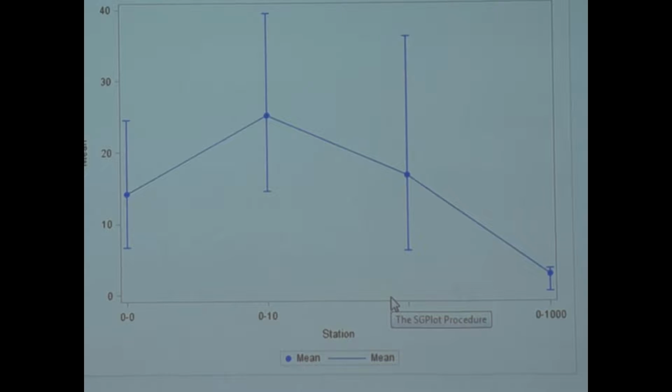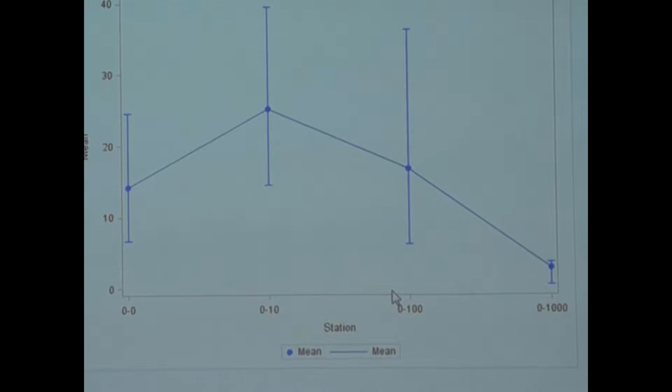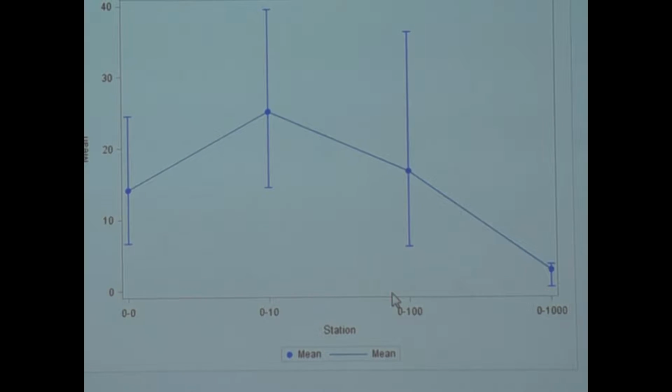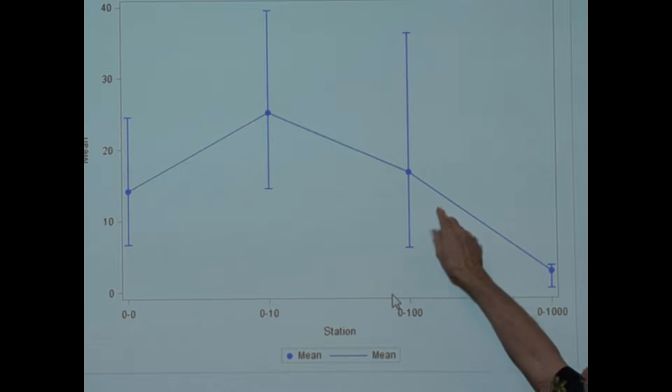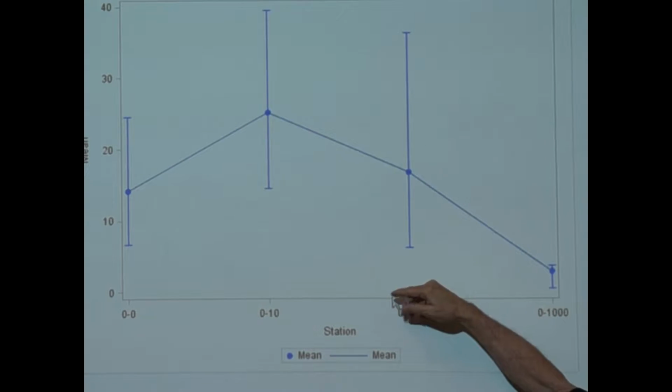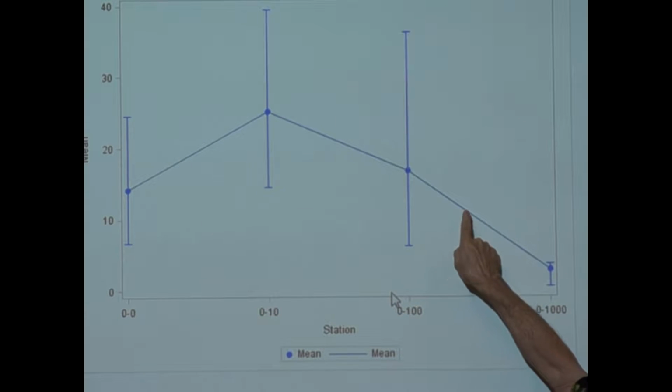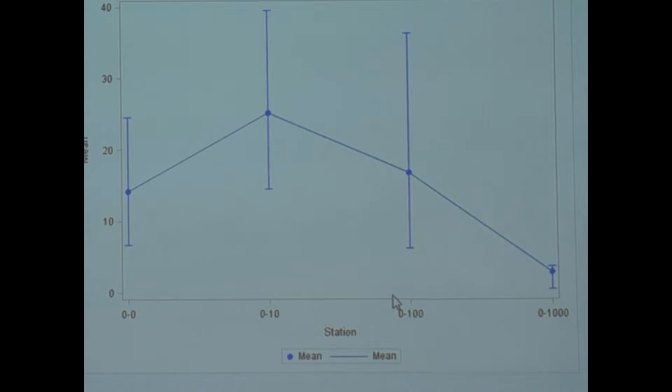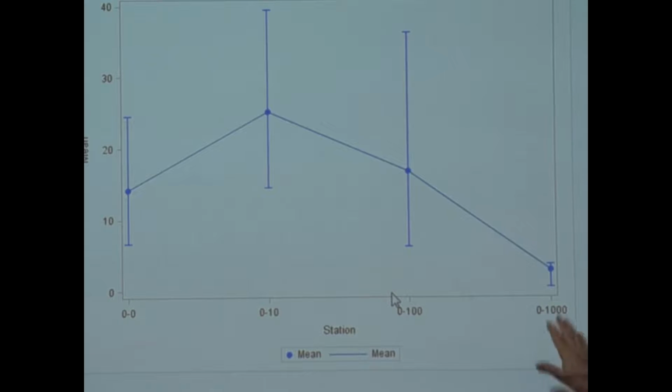If you have a series, let's say we had 3 stations. Let's say it's a 2-way design, and these were stations, and this is dates. So you have 3 lines for stations, and I can change both the line type and the color type for everyone. And so now everything is blue, and we've got an upper and lower bound.